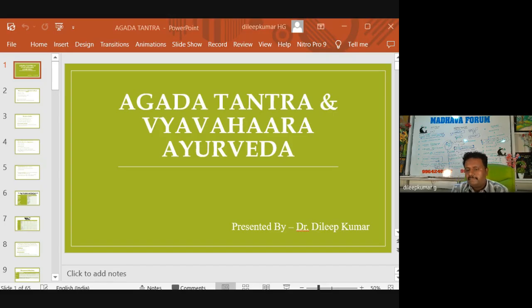Second is ingestion of petroleum distillates or hydrocarbons. Ingestion of petroleum products, it may be kerosene, it may be diesel, it may be petrol. In olden days we used to use kerosene for lighting lamps. During summer in North Karnataka, usually the kids drink this kerosene.